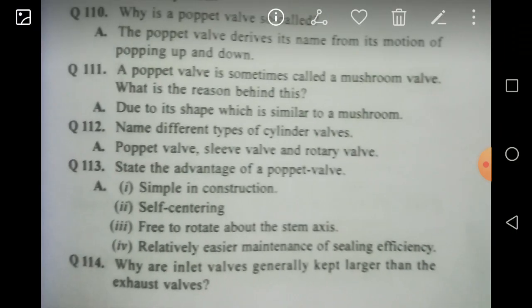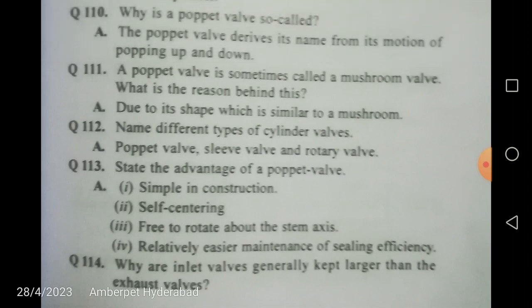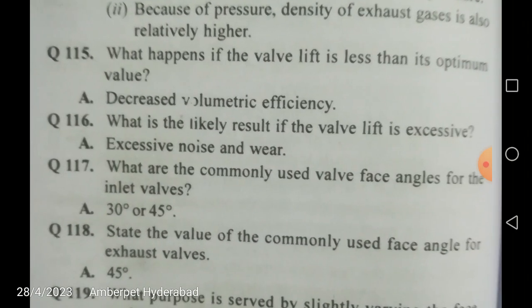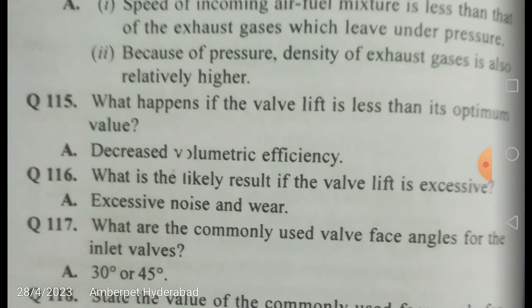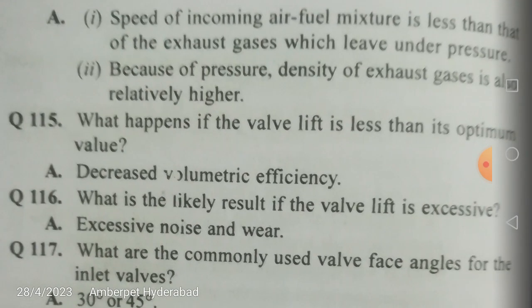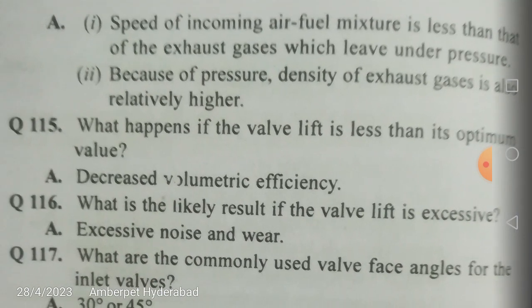Now, why are inlet valves generally kept larger than the exhaust valves? This is a good question, friends. It was asked many times in your examination. The reason behind this is that the speed of the incoming air-fuel mixture is less than that of the exhaust gases, which leave under pressure. Definitely, because the exhaust gases are leaving under pressure, they have higher velocity compared to the incoming air-petrol mixture, in the case of a petrol engine, for example.